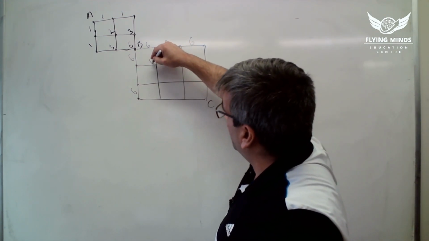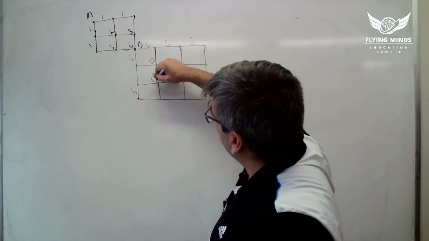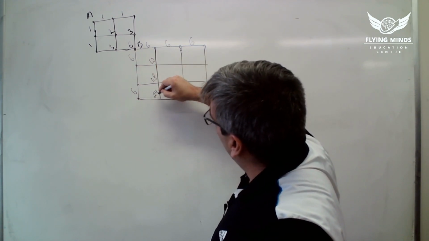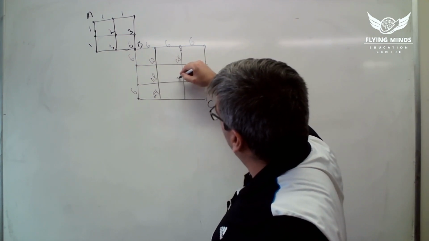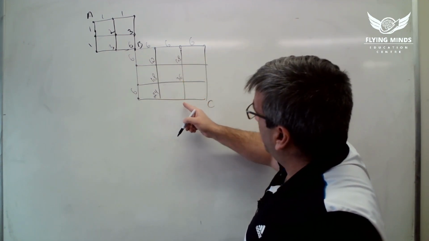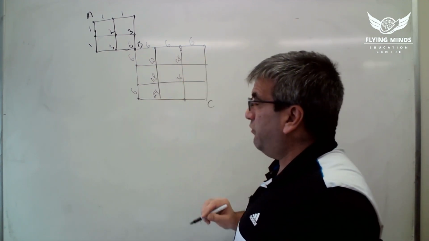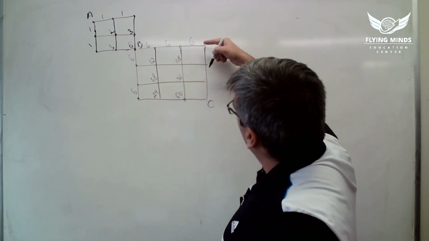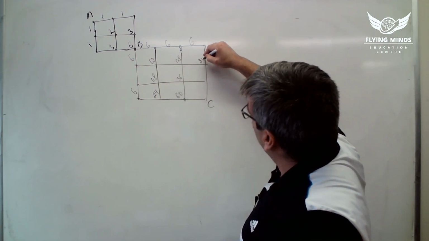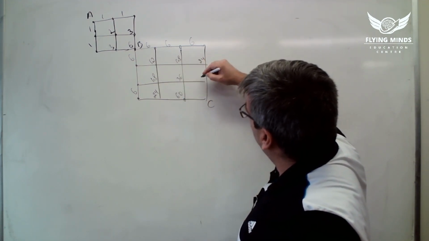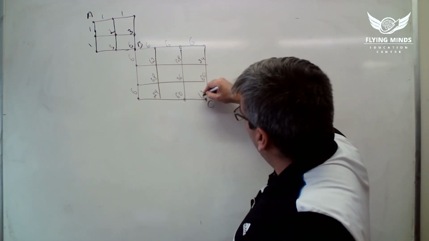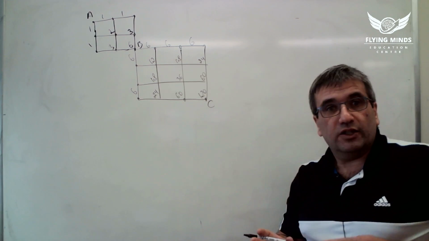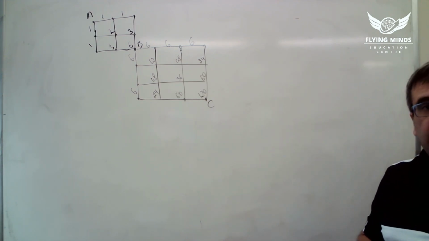So it will be 12, 18, 24, 18 and 18 is 36, 24 and 36 will give us 60. 18 plus 6 is 24, 36 and 24 is 60, and 60 plus 60 will be 120. So it's 120 ways.